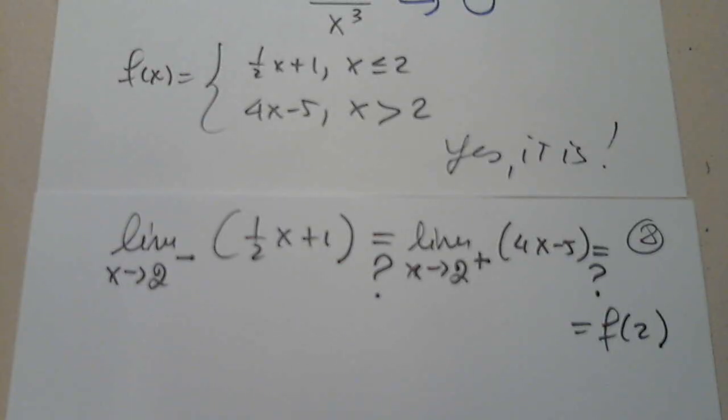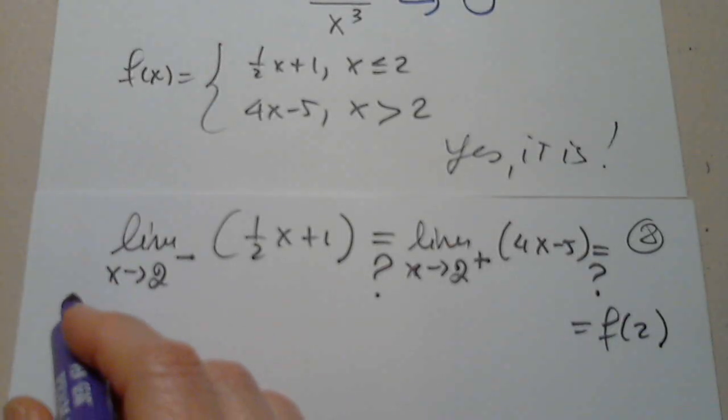If these three are not the same, or one does not exist, then I will say, no, it is not continuous at that point. So when I plug in 2 in here, can anyone give us the first limit?